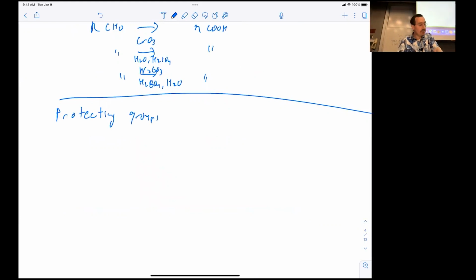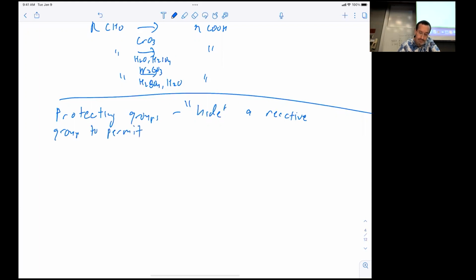Protecting groups can be used to hide, and I'll put that in quotes, a reactive group in order to permit a desired reaction.